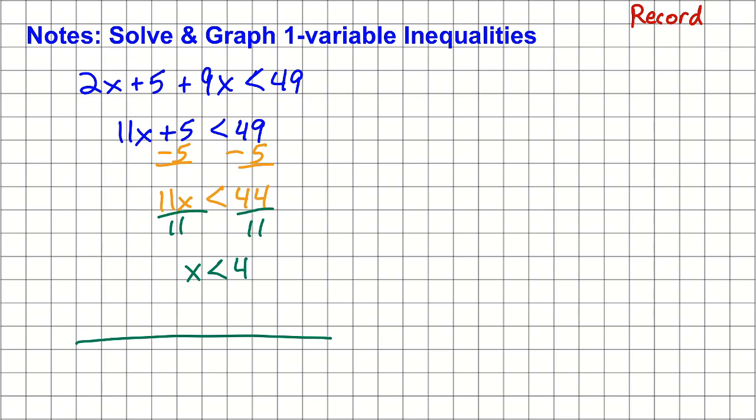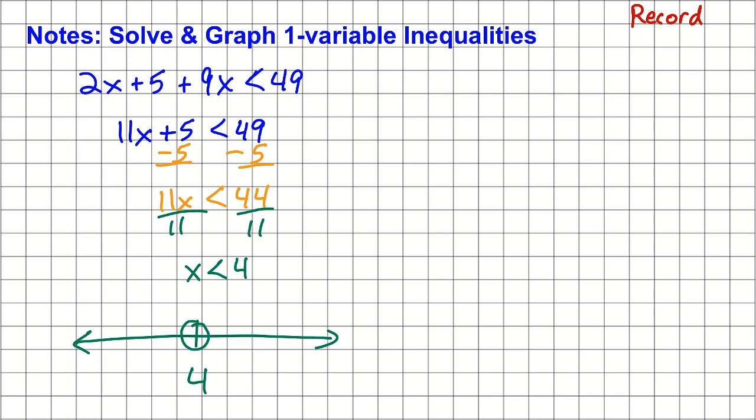So when I graph an inequality, I just do something as simple as possible. Whatever the number is, the 4, I put that right in the middle, 4. And then I say, well, since it's just an inequality, there's no equals there, it's got to be an open circle.